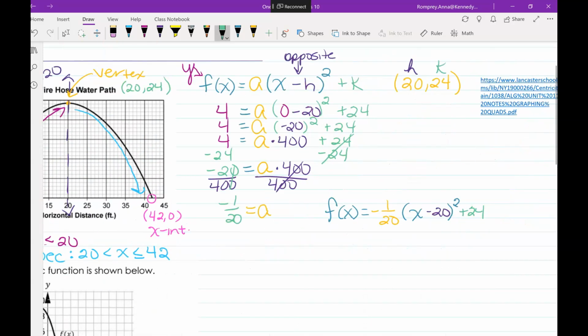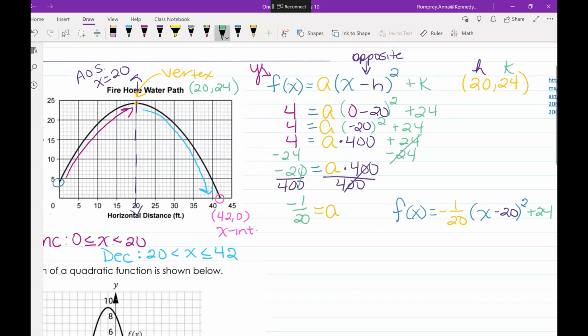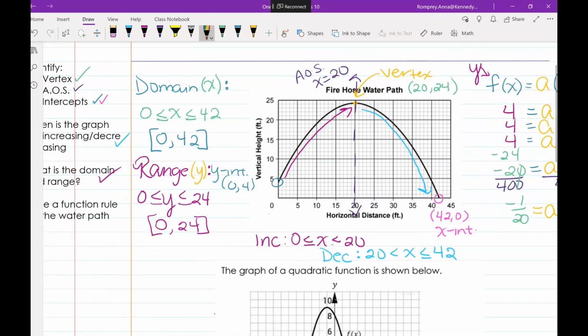So it asked us to write a function rule for the water path. Boom. I knew my a term had to be negative because look at my quadratic. It's frowning, it's sad, so a has to be negative. But we had no idea it was negative 1/20, so you have to plug in and solve for your a. So f of x equals negative 1/20 times the quantity x minus 20 squared plus 24. Now yes, I do realize that that takes a little bit, and no, you do not have to do this 10 times, okay? This would be like a one-time thing. All right. So let's go on.